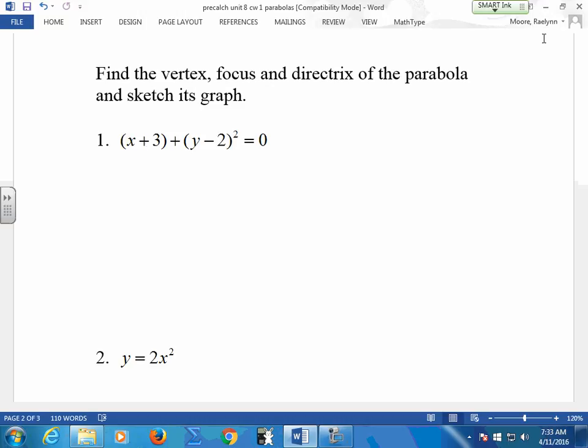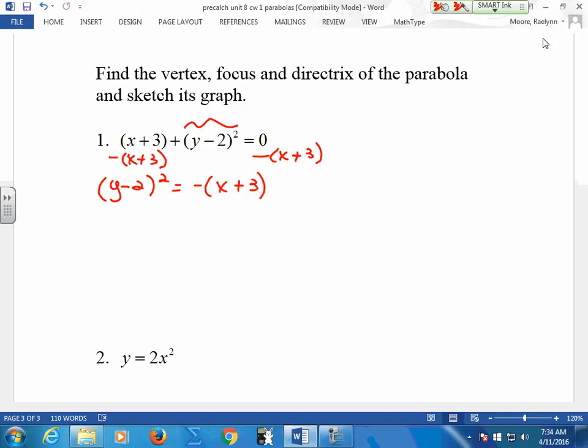All right, so now this guy. So what we're going to do here is we're going to get the square by itself first. So here's the square. We're just going to move this guy like it is to the other side. And your vertex, we call your vertex HK.